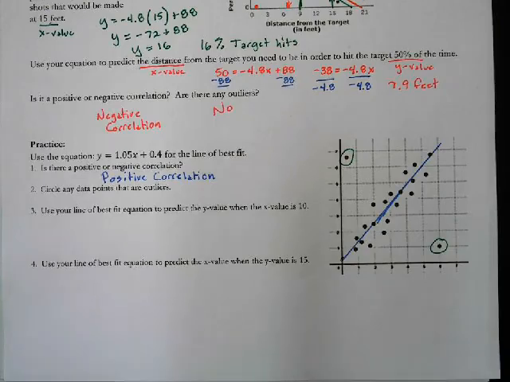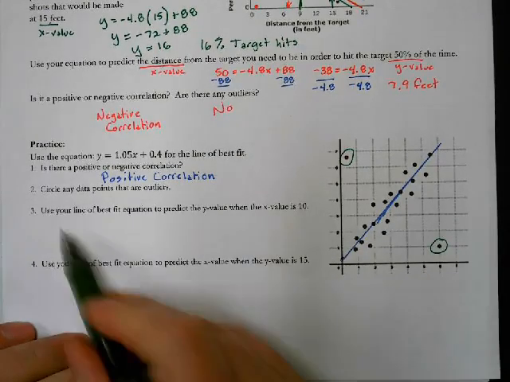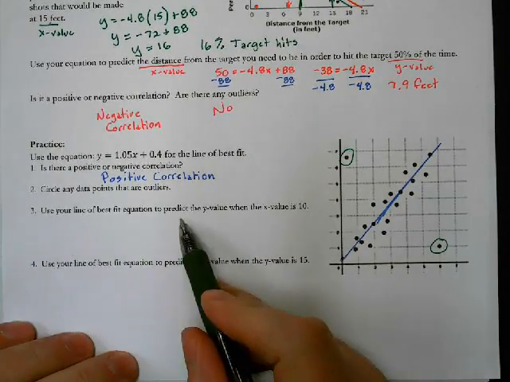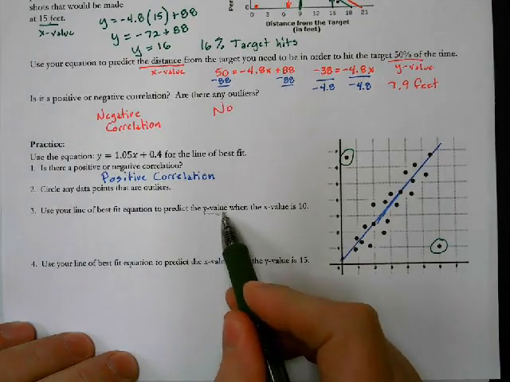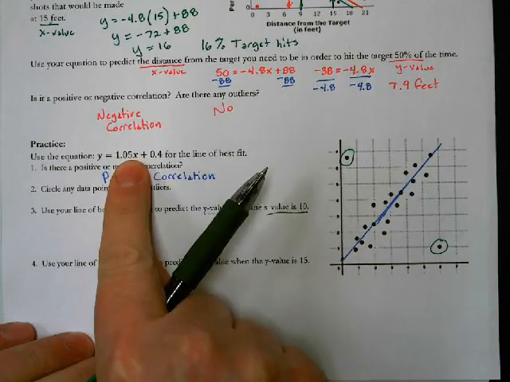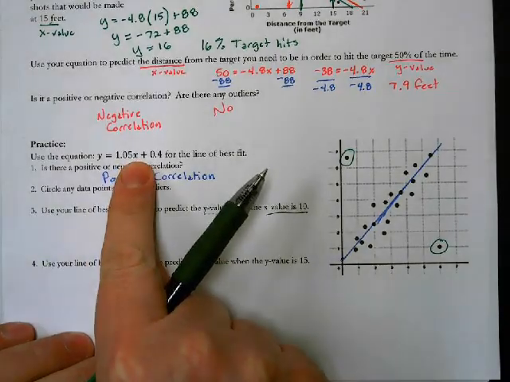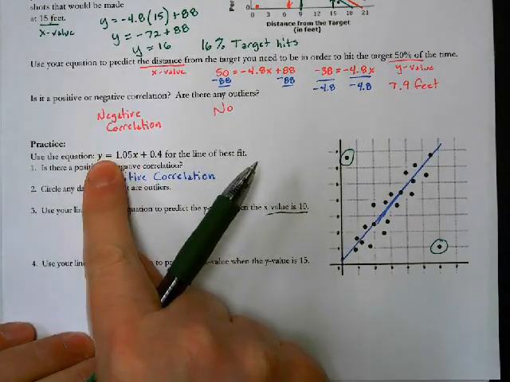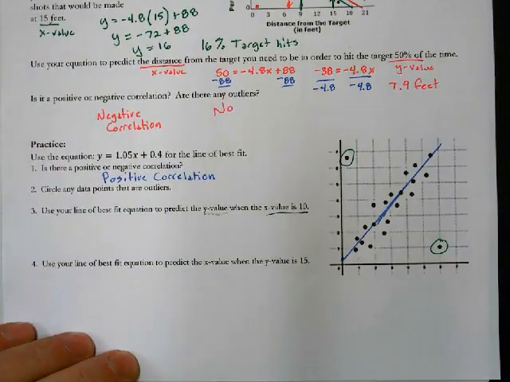All right, now we're going to use our best line of fit to predict the y value when the x value is 10. So we're going to use this. We're going to plug in 10 for the x value to find the y value. I'm going to hold my breath.